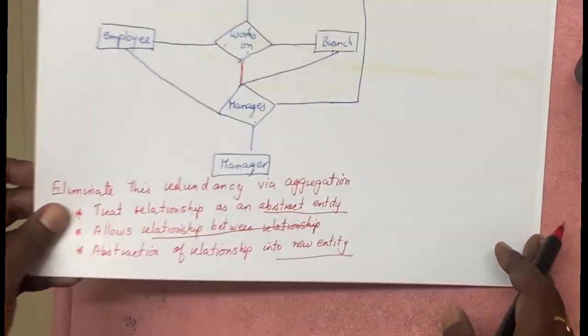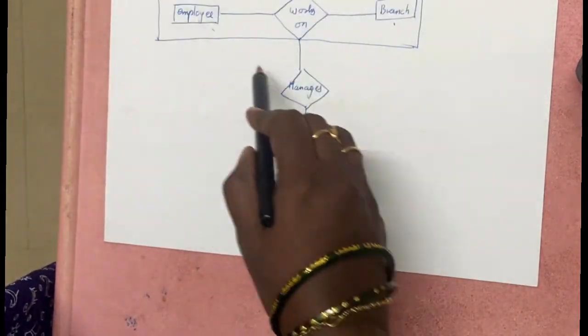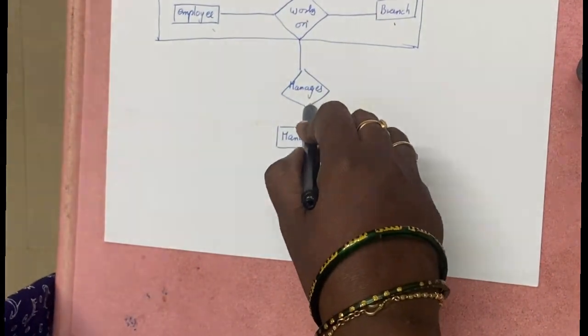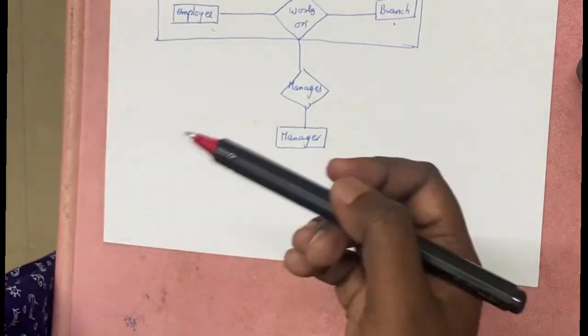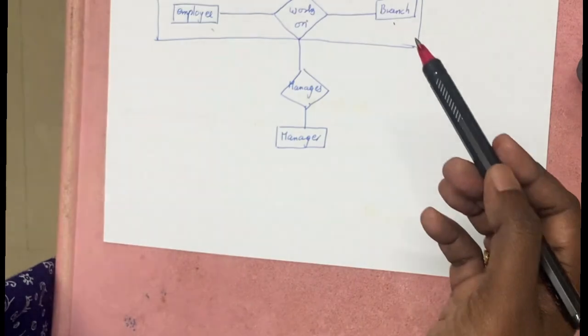So in this one, I am combining job, employee and branch based on a relationship called works on, where this works on is connected to the manager, and for manager. Now you can ask me, in the last diagram I said not every manager is part of all the branches. Yes, that's true.